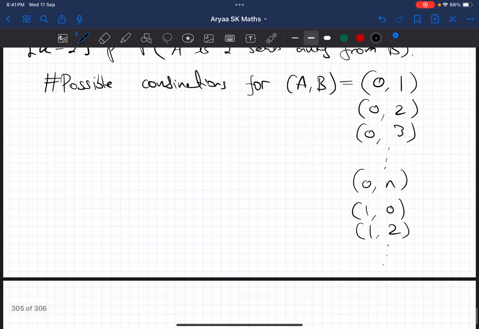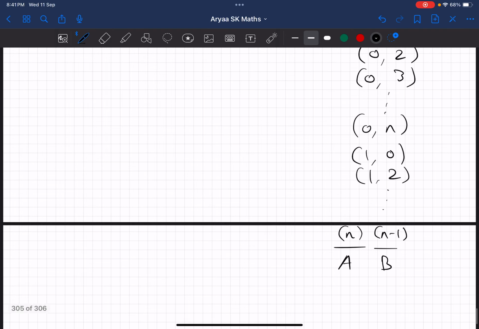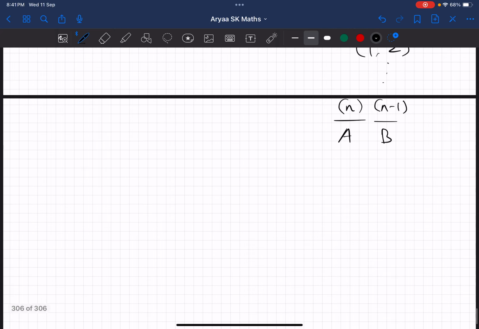So you can see there's ultimately going to be n choices for A and n minus 1 choices for B. I'm just trying to think if this is symmetrical. So can we get every single possible combination? Yeah, I believe we could. And this isn't going to double count things like 5, 5, because this can't happen.